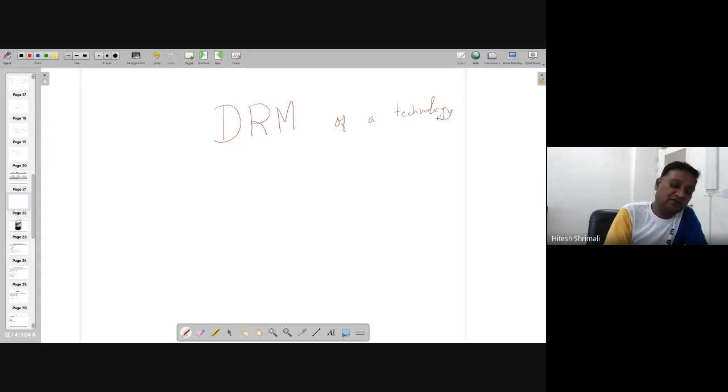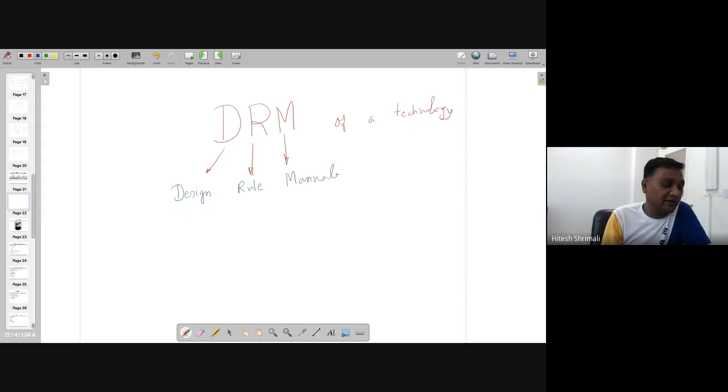DRM is known as Design Rule Manual. If you want to design anything with that particular technology, you need to follow that design rule manual. It will tell you everything about it, how much spacing, all the information. Maybe those things I'm going to talk about today, what information will be available in a design rule manual.